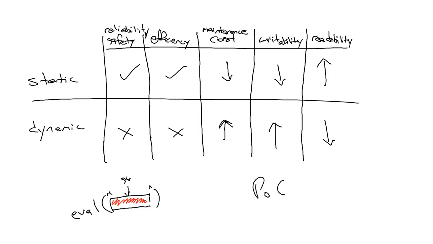Just think of a piece of code that tells the user, please input a piece of code, and the user inputs a string, which is in a sense code, and then we eval that string. So the compiler, during compile time, will not even know what the string contains, and it has no way of checking if the type system is reliable.